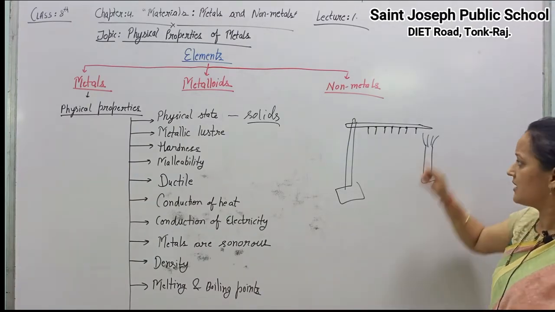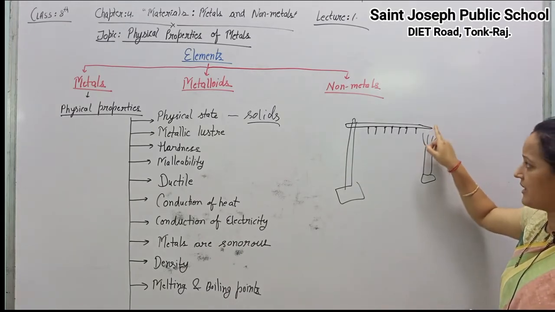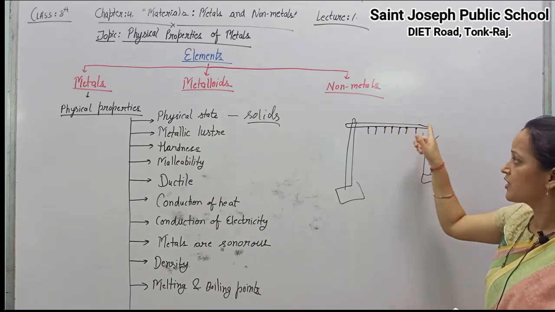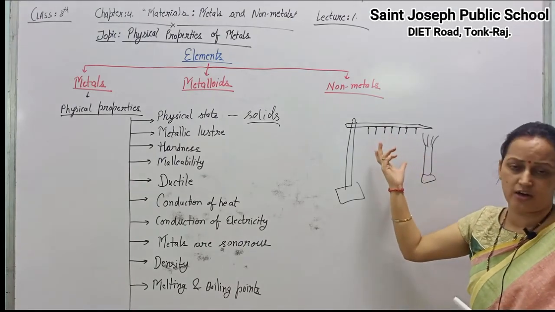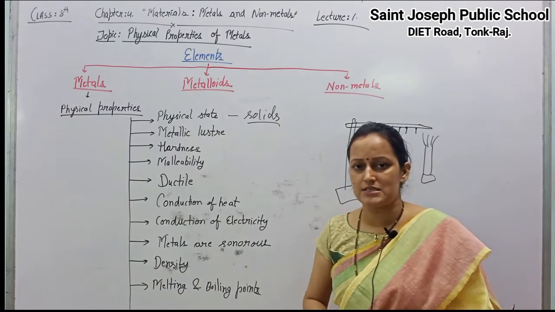That means heat is being given to this end of the rod, but that heat is being transmitted, being conducted through this rod till the last part of the aluminium or any metal rod, right? So it shows how metals are good conductors of heat.